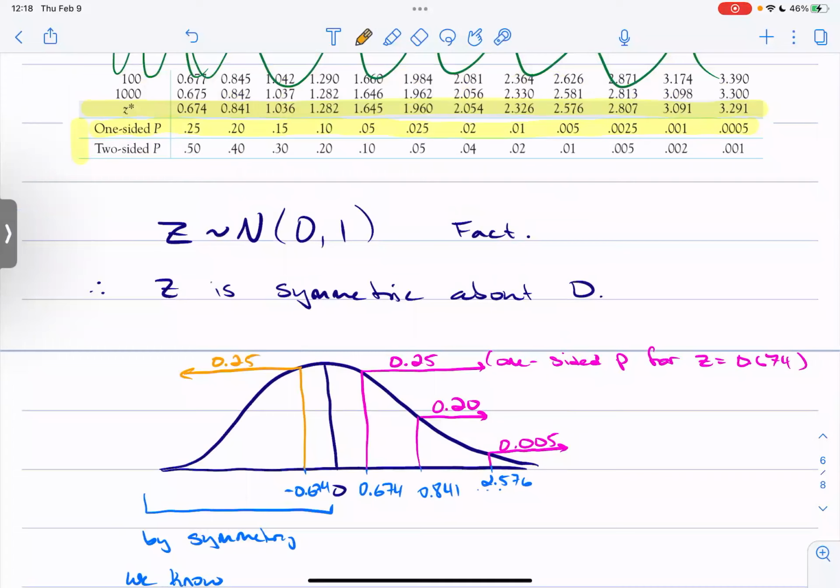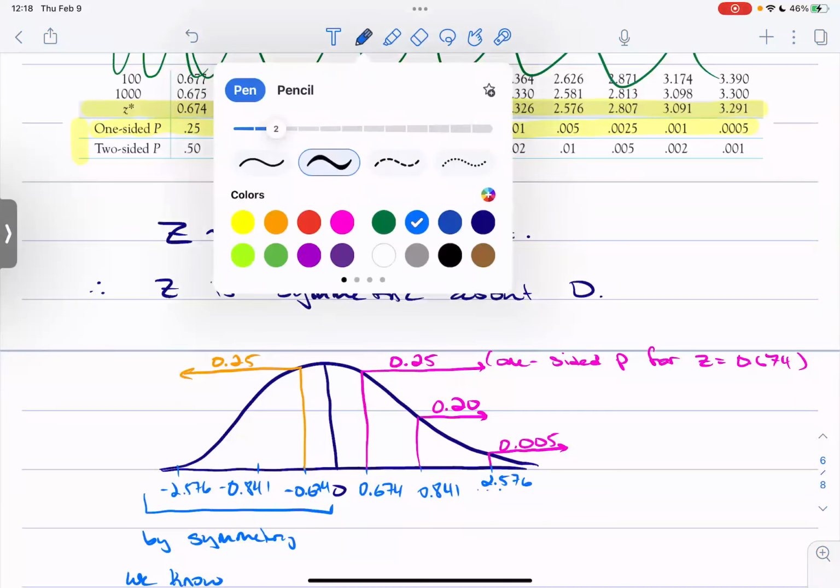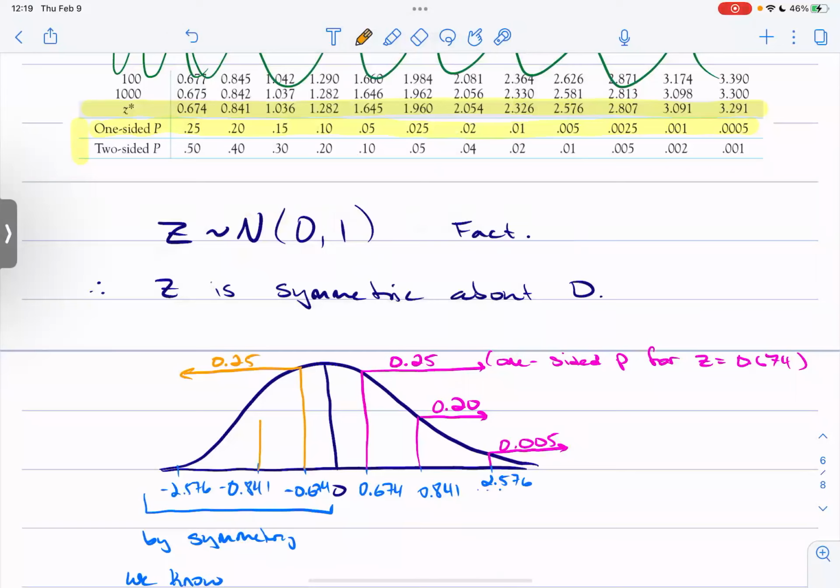Same thing here. If you have negative 0.841 and negative 2.576, the area in the tail is 0.20 and 0.005.